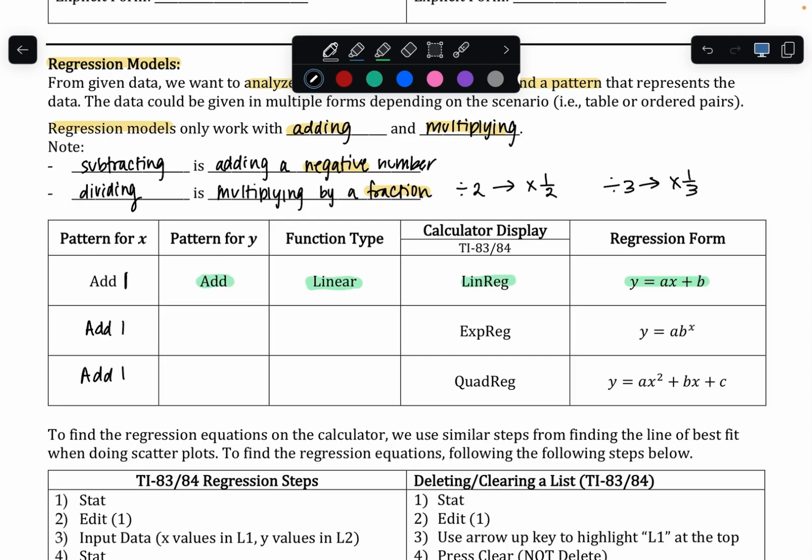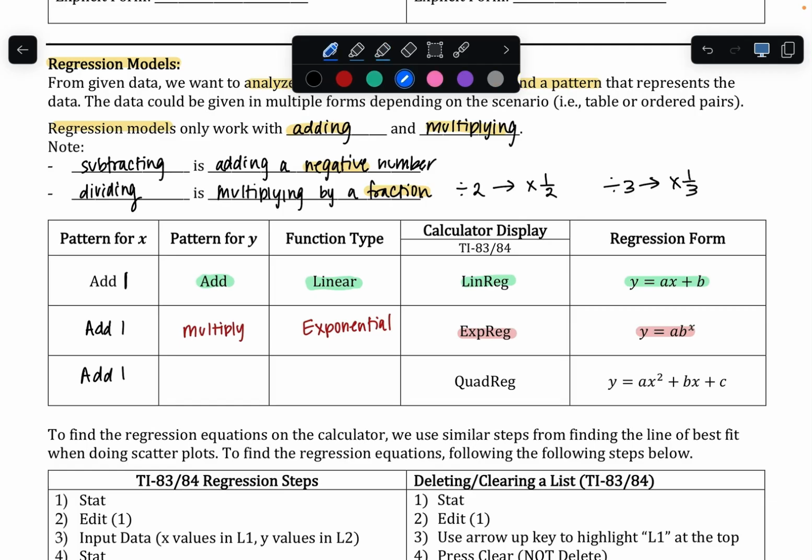If you notice that your table is instead multiplying in the y column, that is going to be an exponential function. And so you will be looking for the expreg feature of your calculator, and your equation will be y equals a times b to the x.